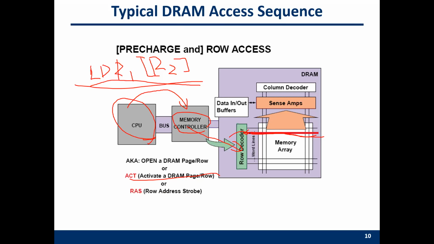So when you activate this row, you actually read the entire row's content to the sense amplifier, before the memory controller knows which column, which 64 bytes you need. So it just reads the entire row, 4 kilobytes, let's assume, into the row buffer.